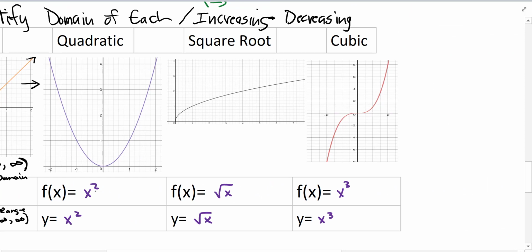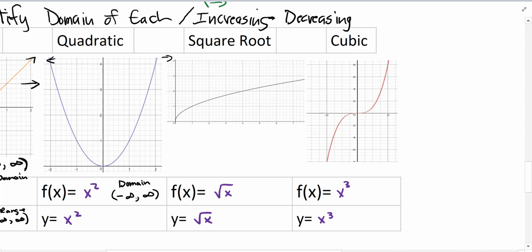So now we've got the quadratic equation. f of x is equal to x squared, y is equal to x squared. For the domain, what are the x's doing? Well, it looks like the graph is just going straight up. But remember, as this continues to go up, it continues to go to the right. And over here, it goes to the left. So its domain is negative infinity to positive infinity.